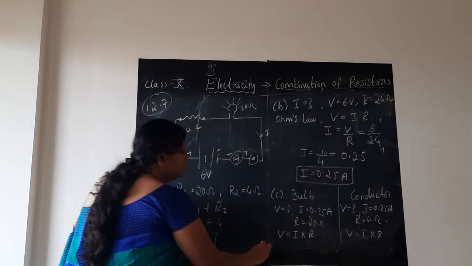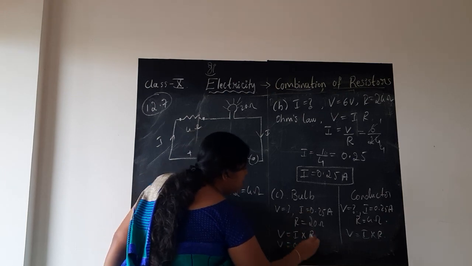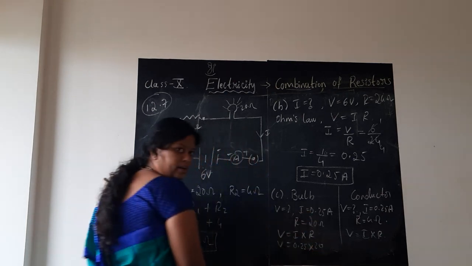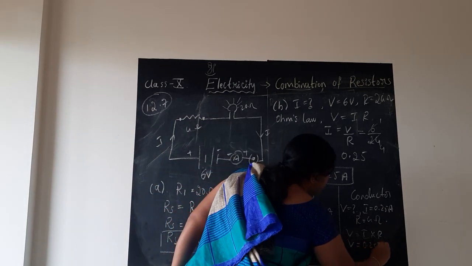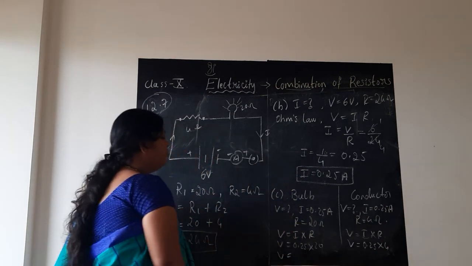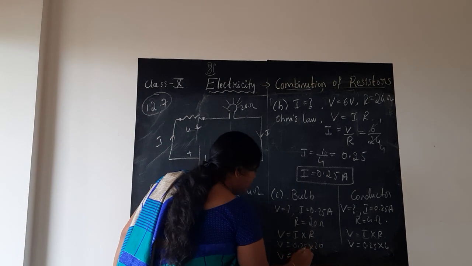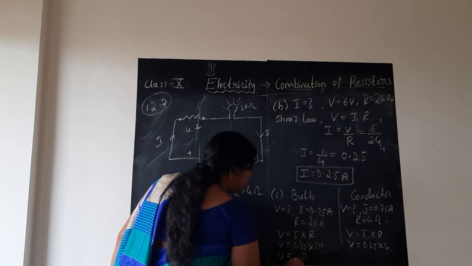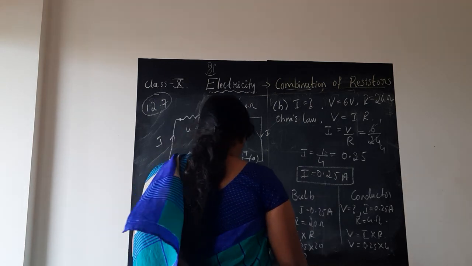Correct? Now substitute. For the bulb, V is, current is 0.25, resistance is 20 ohms. Similarly, here I is 0.25, the same, but resistance is 4 ohms. When you multiply 0.25 into 20, 2 5s are 10, 1 carry, 2 2s are 4 plus 1, 5. So how much will you get?